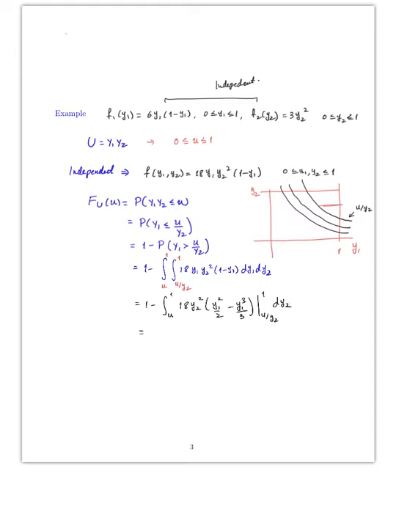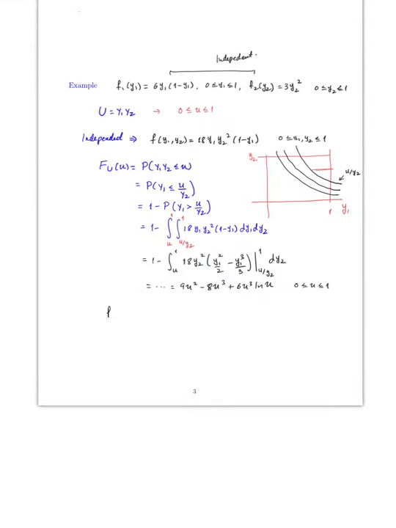Again, this is just integration, which takes a little bit of time, so you should all check this. At the end you're going to end up with 9u squared minus 8u cubed plus 6u cubed ln u. And remember, this is true for u between 0 and 1.